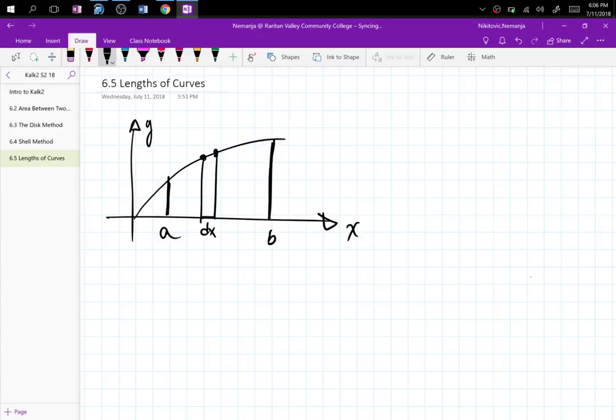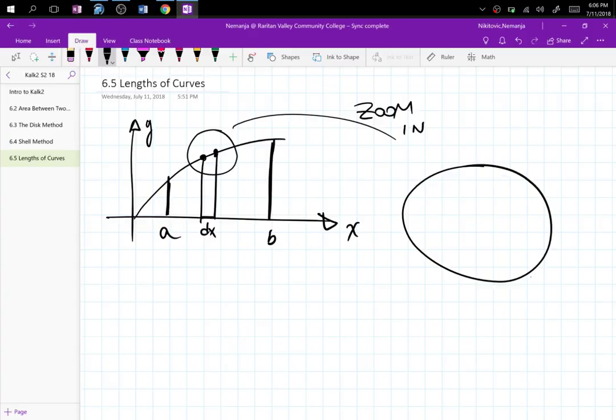And if you zoom in onto this little part, we're going to have a curve, and then we're going to have our delta x come in with the 2 points, and now observe that my approximation is a straight line.